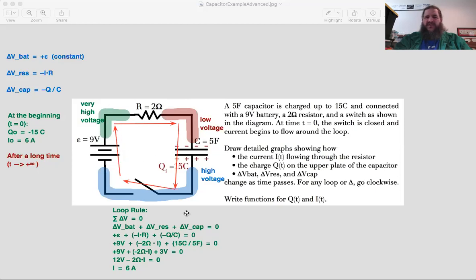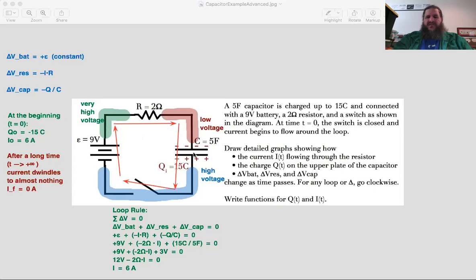And if the current is still flowing, that means the capacitor is still in the process of changing. We're expecting the change to eventually die off, which means that the current will eventually be zero. So we can expect current final is 0 amps.